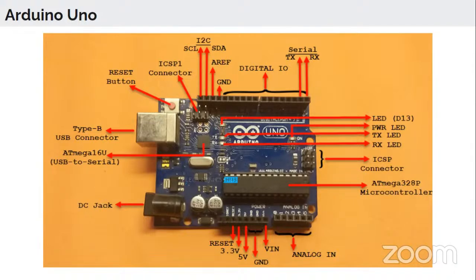Anyone? Okay, basically, a digital signal is 0 or 1, true or false, on or off. There are several sensors which only work on analog signals. For those sensors, we use these analog pins.